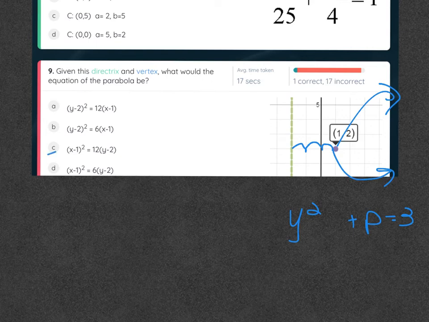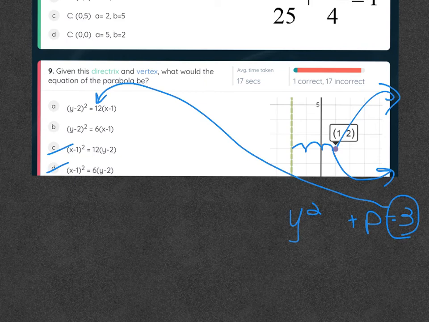Because it's pointing to the right, you can already rule those two out. It is 4 times 3, which means it's 12. y minus 2 squared equals 12 times x minus 1. The equation is y minus k squared equals 4p times x minus h, right? This is your h. The p is 3 because of the distance from the vertex to the directrix.